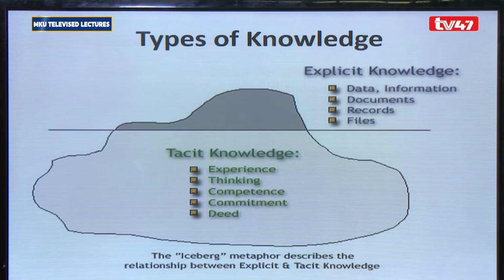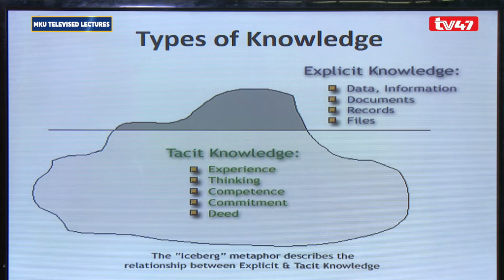Now, there are two types of knowledge. There is explicit knowledge. Explicit means open. Then there is tacit knowledge, which is hidden knowledge. And using this diagram, we have the analogy of an iceberg. Most of the iceberg is under the water and cannot be seen, whereas the tip is the one that is exposed.